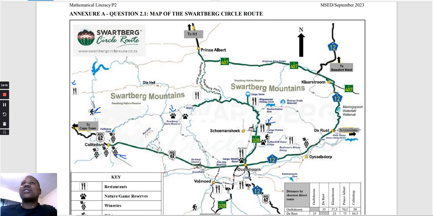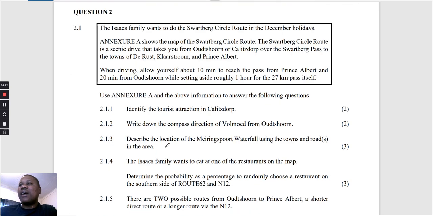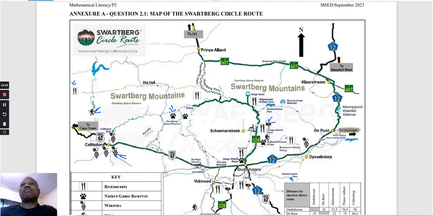Okay, let's go back to the questions. The first question says, identify the tourist attraction in the Kalisdorp. So we must look for the Kalisdorp. Your Kalisdorp is there on your left, on the bottom. There it is.